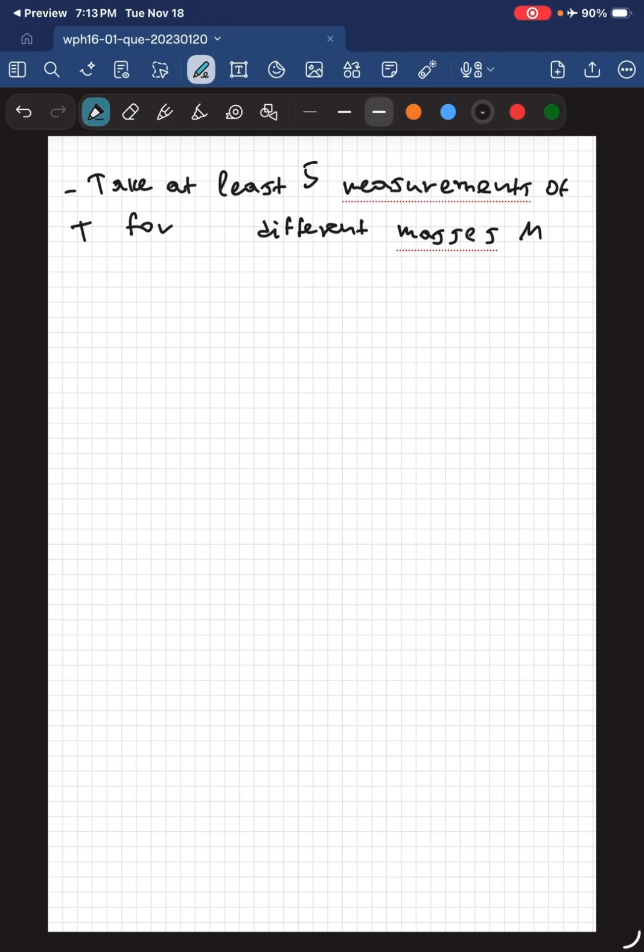It looks like an S, but this is a 5. Okay, and then plot.